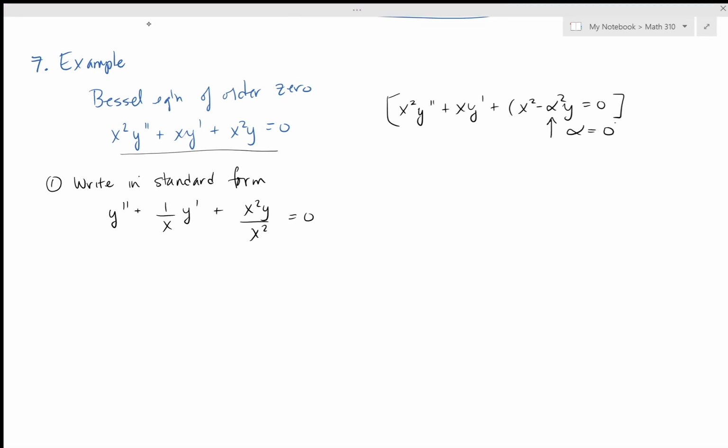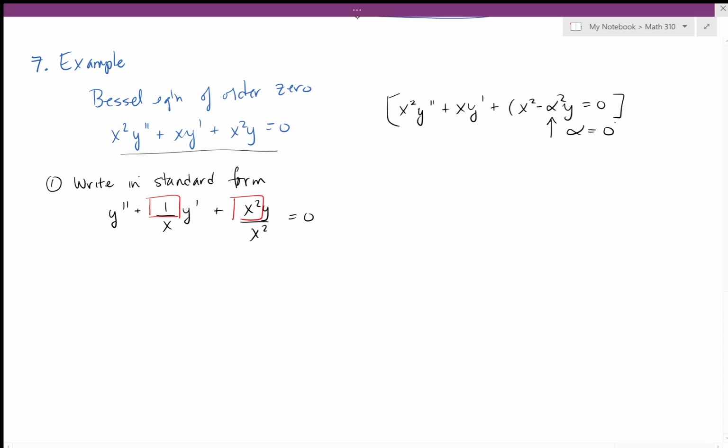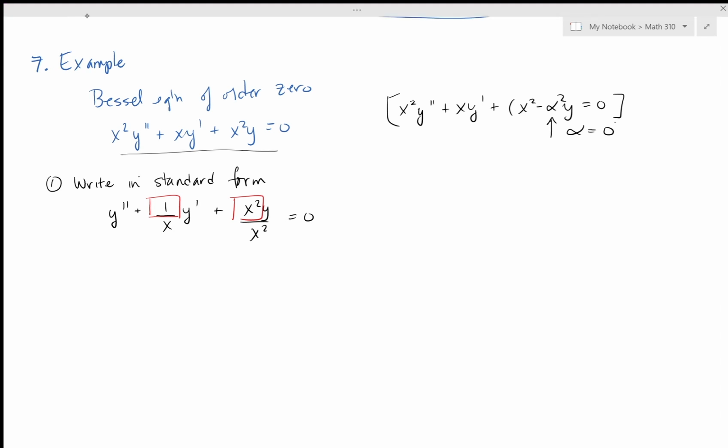I'm particularly interested in understanding what the power series is of these two functions, so that I have a convergent power series representation. I have this here and this here.